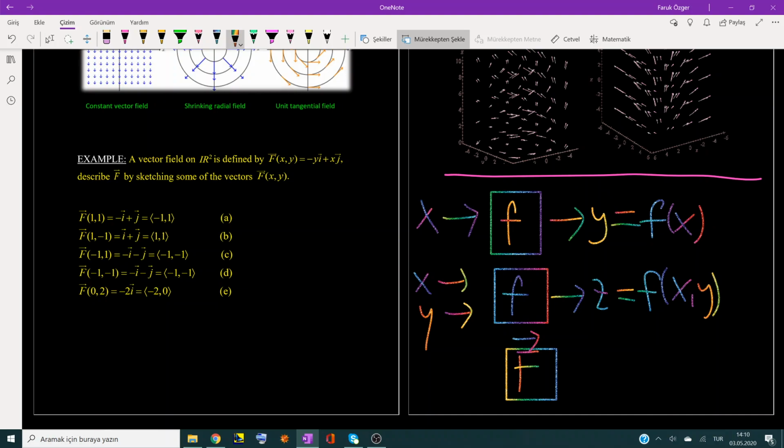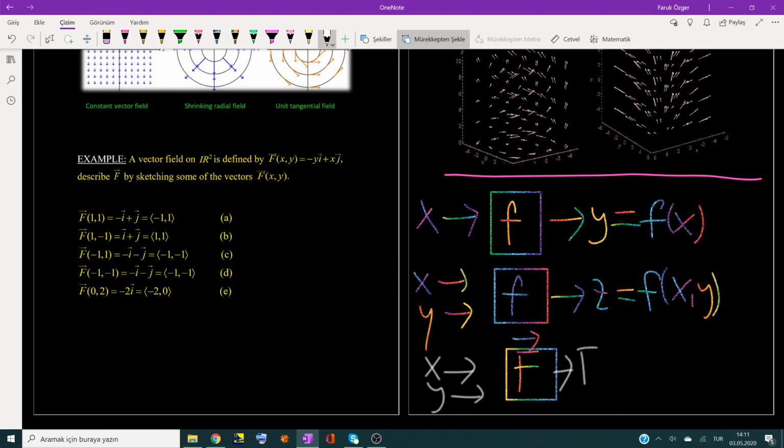Let's say we have 2 inputs, x and y. What about the outputs of the vector field function F?